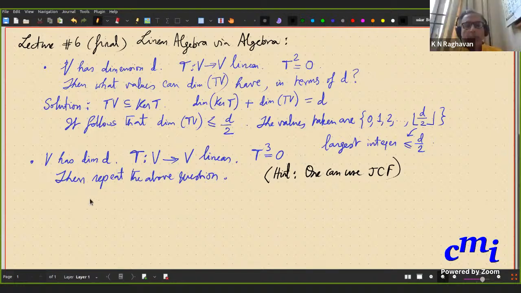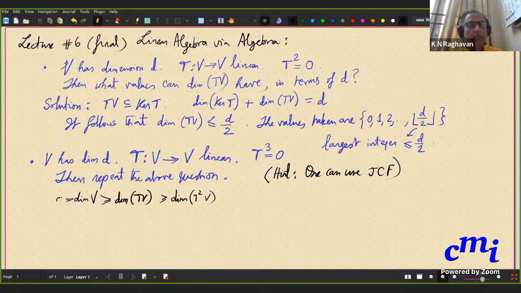So more explicitly, let's do the dimension of TV, which is going to be bigger than the dimension of T squared V. Let's say this is D, the dimension of V, which is D. This is going to be bigger than or equal to the dimension of T cubed V, which is 0, because T cubed is 0.